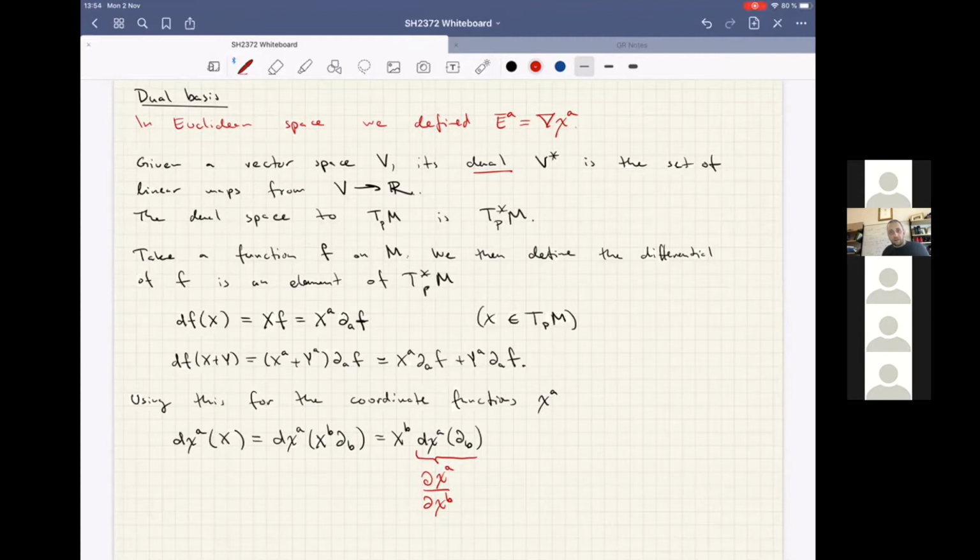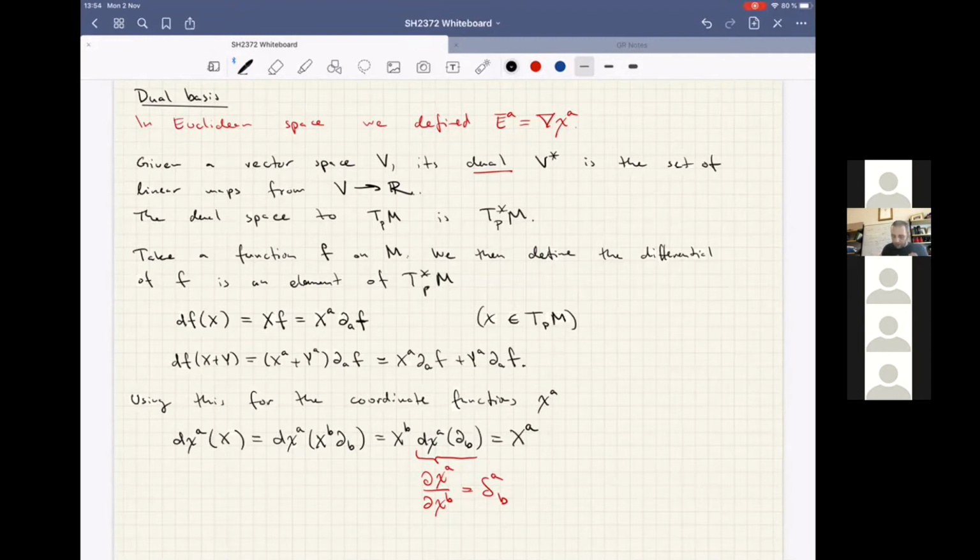So chi a changes when chi b changes only if a is equal to b, and otherwise it doesn't. So this is nothing else than the Kronecker delta. So it's 1 if a is equal to b and 0 otherwise. So this is equal to xa in the end when we make the sum over b.